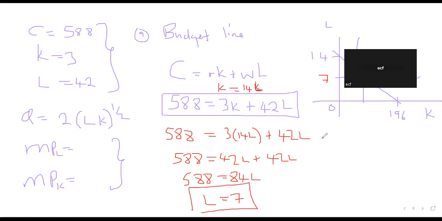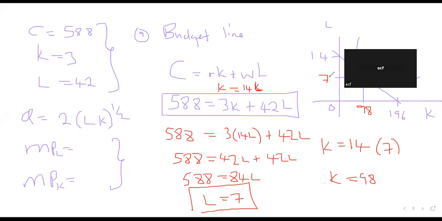So to find K, K is equal to 14L, where there is an L, we're going to put what? 7. So 7 times 14, we're going to get 98. So K is 98. So how many units will maximize? We're going to find 7 units of L and 98 units of K.